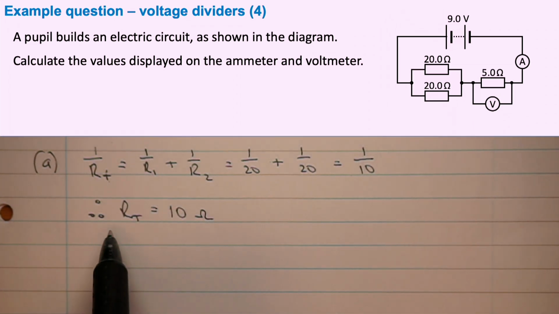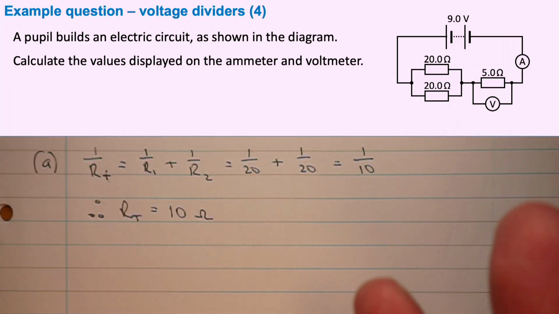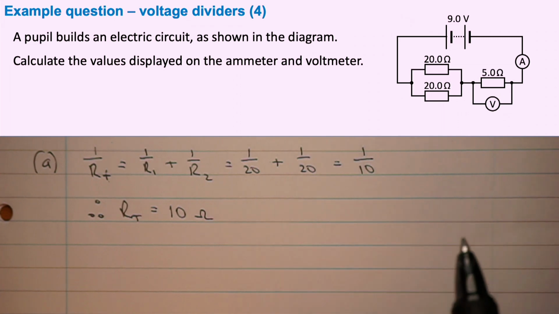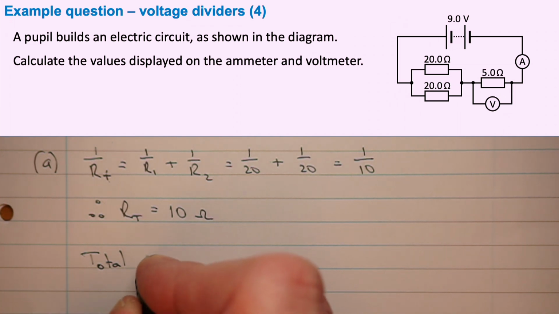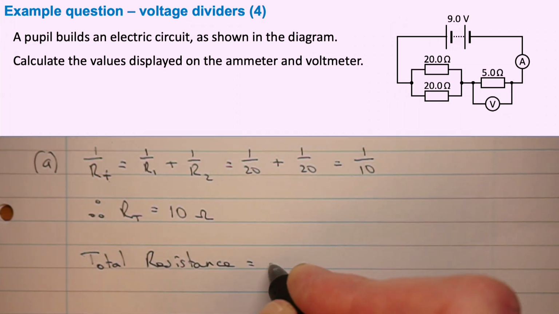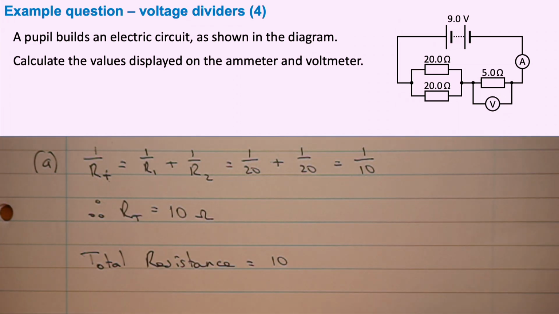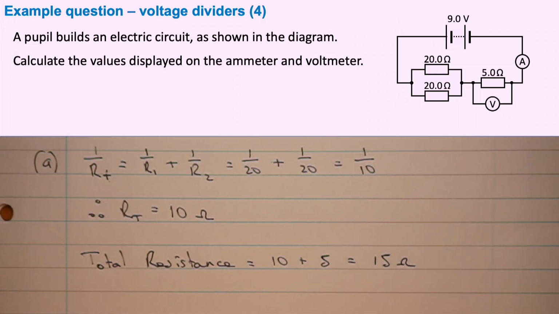The effective resistance of the two 20 ohm resistors in parallel is 10 ohms. So the total resistance in the whole circuit is that 10 ohms for the parallel branch plus the 5, which is 15 ohms.